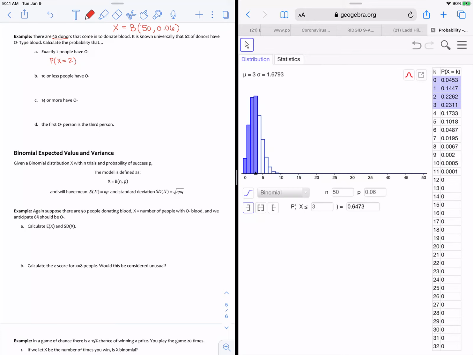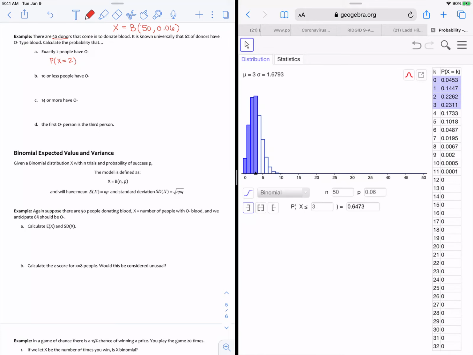Now notice in doing that, the position of the histogram has switched over. You can kind of see that balancing point. The expected number out of 50 who are going to be O negative is in the center of our distribution, somewhere around 3-ish. And then we can see from our probability distribution on the right that we have a whole lot of situations where we're rounding effectively to 0.